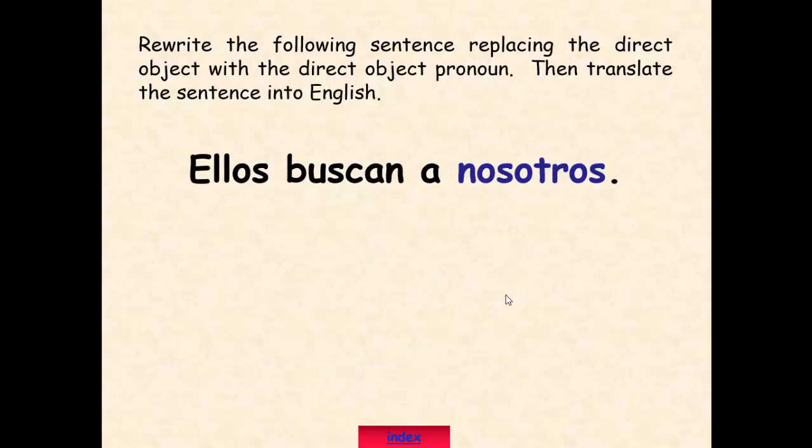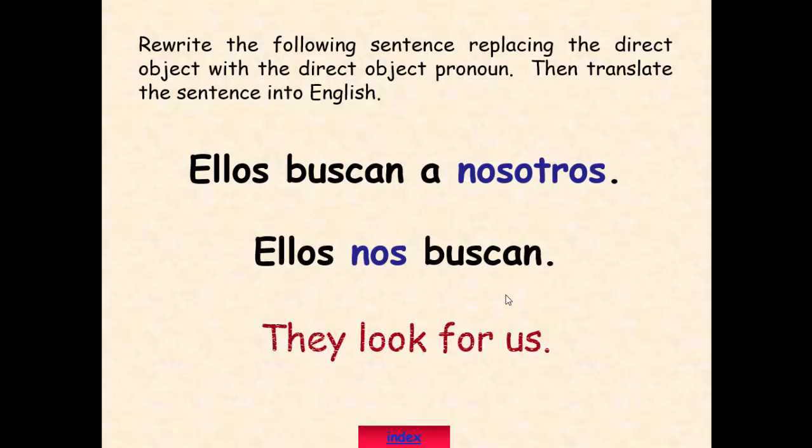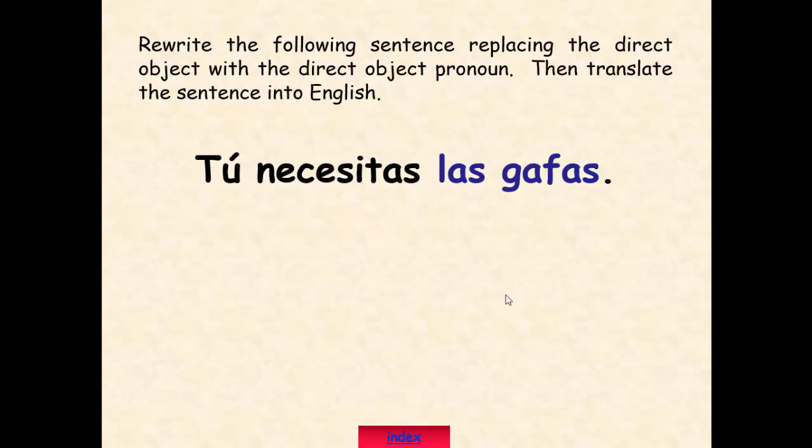They look for us. Our direct object is nosotros, so our direct object pronoun would be nos. Ellos nos buscan. Tú necesitas las gafas. You need your glasses. Our direct object is las gafas. So we're going to change it to tú las necesitas.